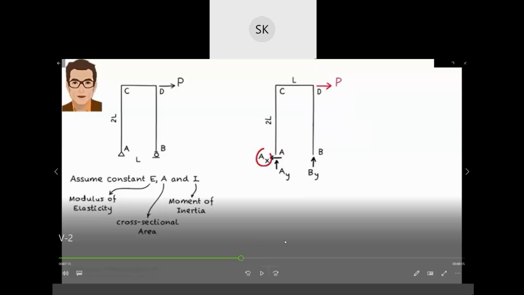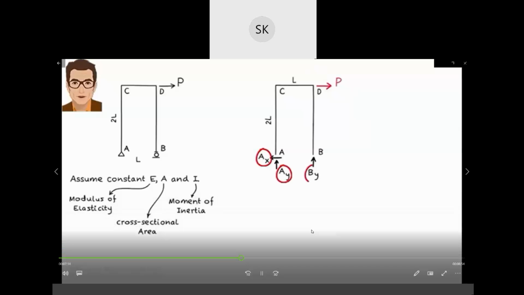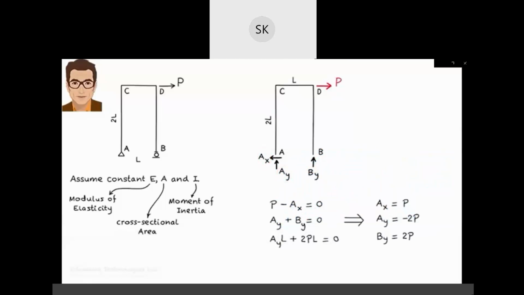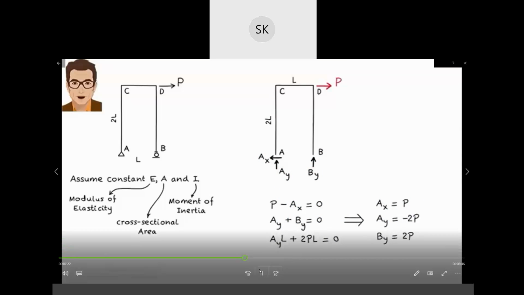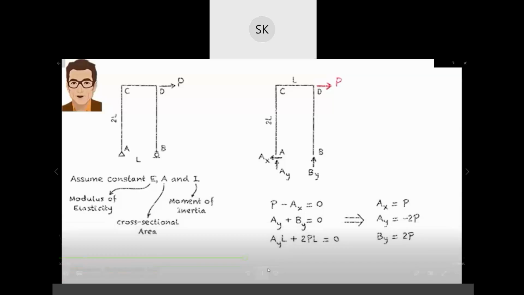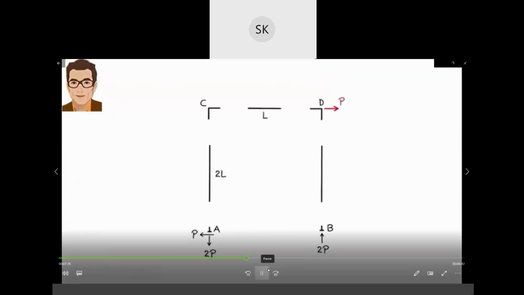And this is the load applied. The unknown support reactions we can calculate very easily. In the same way, in frames also, the first step is to find the reactions, and then calculate member forces.